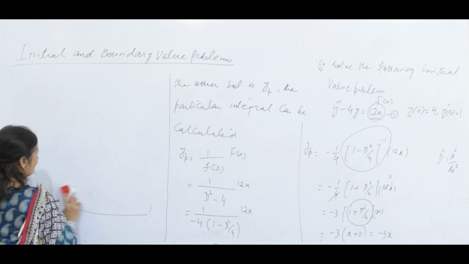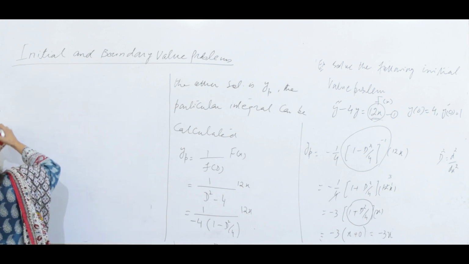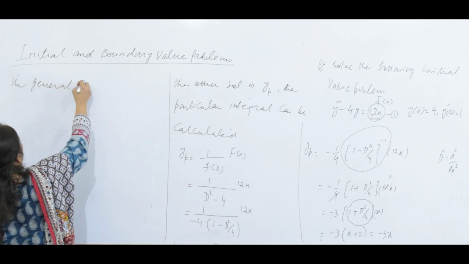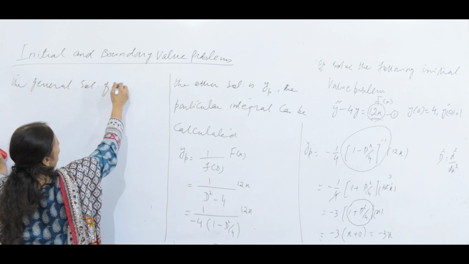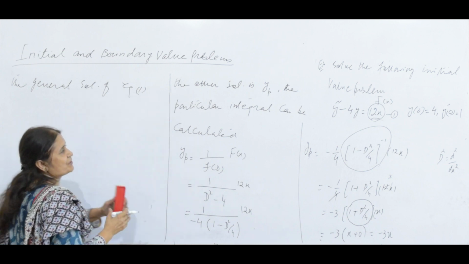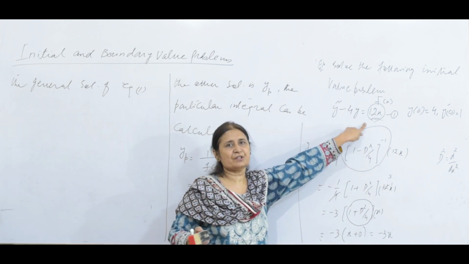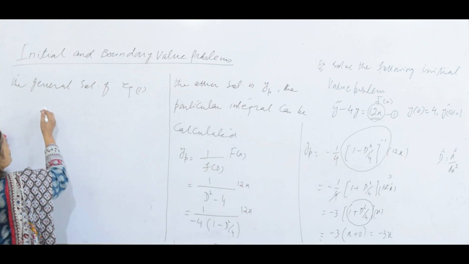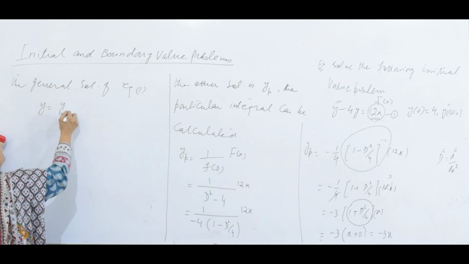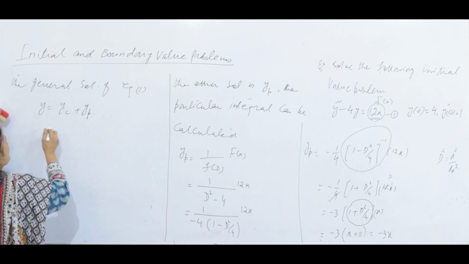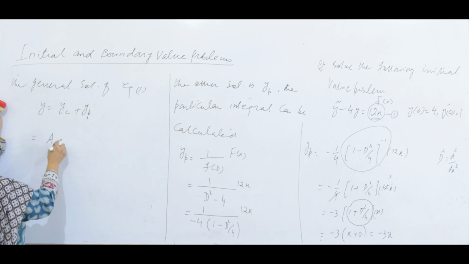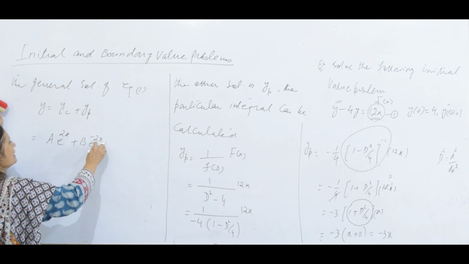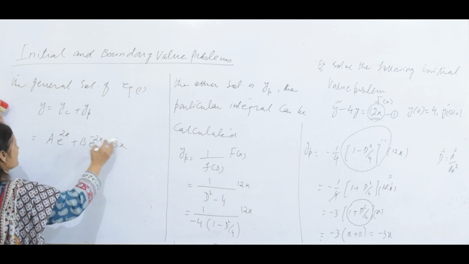Now, the general solution. The general solution of equation 1. Equation 1 is the non-homogeneous equation. We have two solutions separately, and now I am writing the general solution. y is equal to yc plus yp, adding them together. So this is a e^2x plus b e^-2x minus 3x.